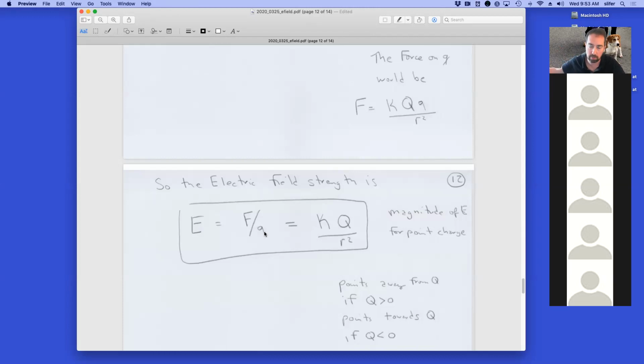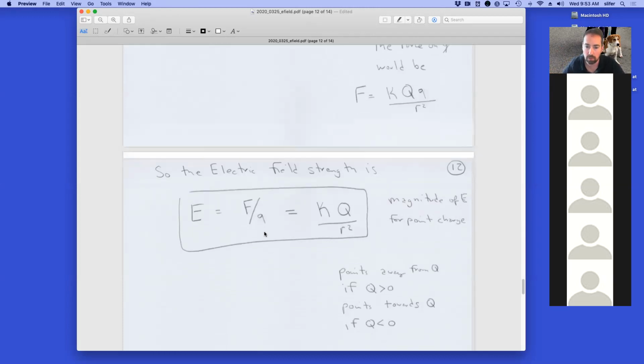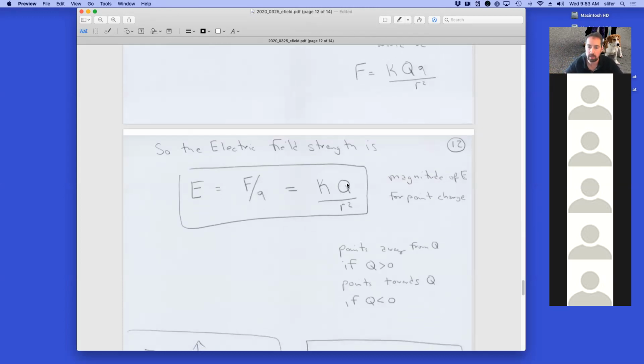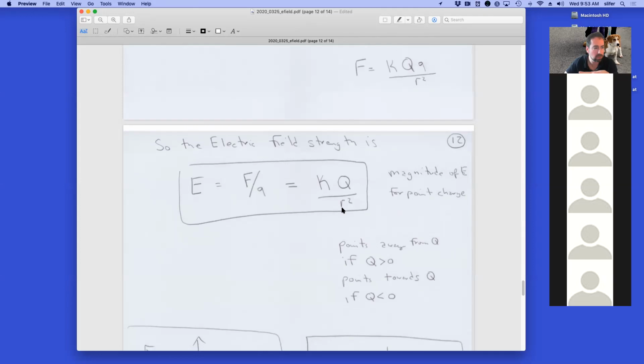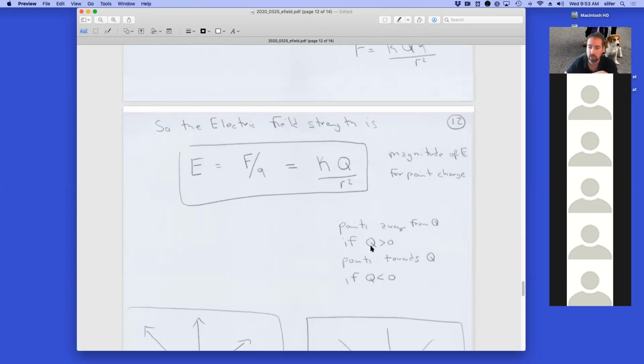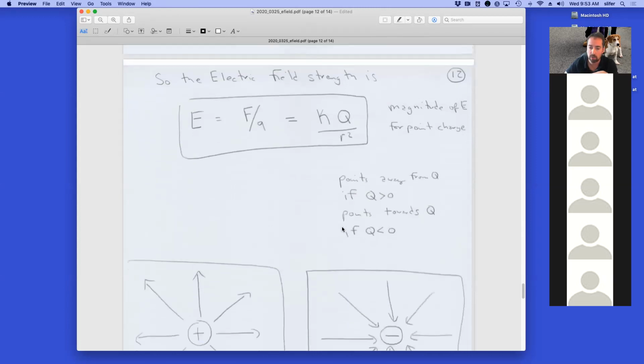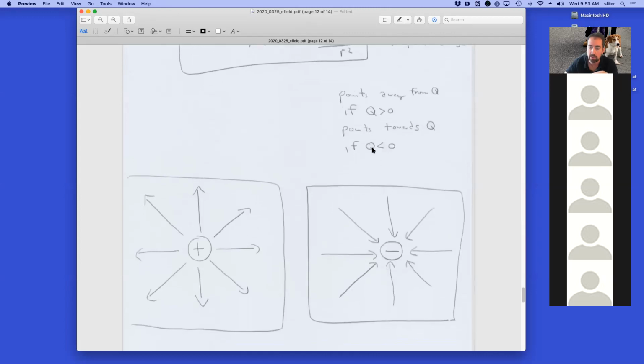I've gotten rid of that imaginary small q, and I can just calculate it by the magnitude of the source charge, the distance to the point in space that I'm interested in, and then Coulomb's constant, and that distance is squared. There's a convention in this, in that if I have a positive point charge, it points away from the charge. If Q is positive, then the arrows point away. If Q is negative, then those arrows are going to point in towards the source.